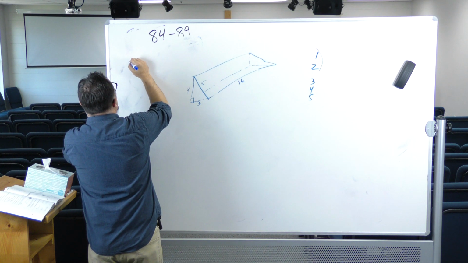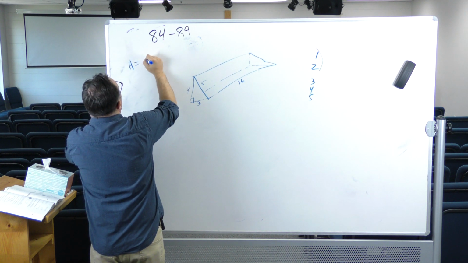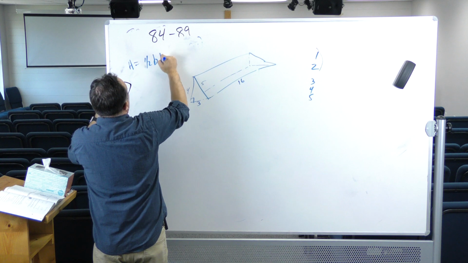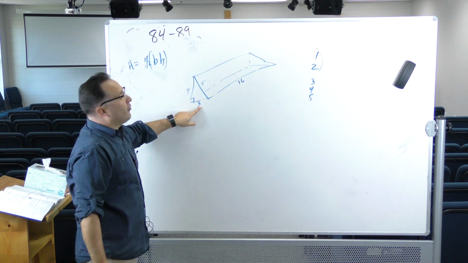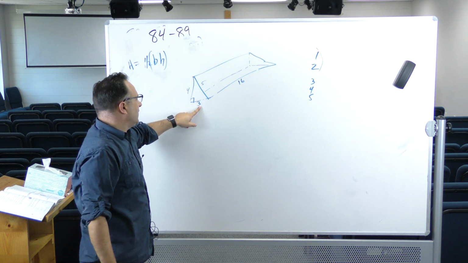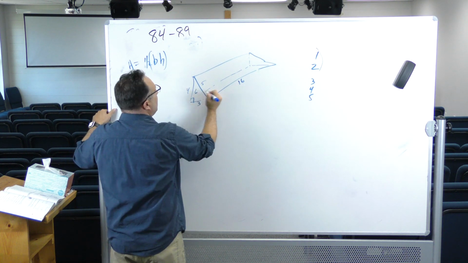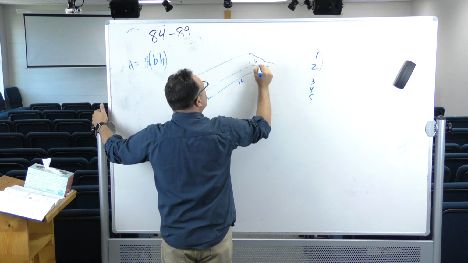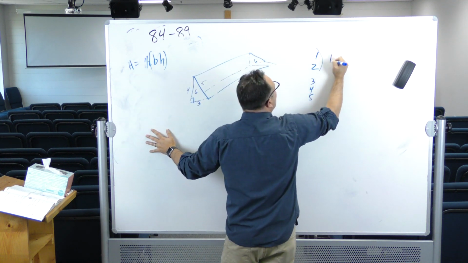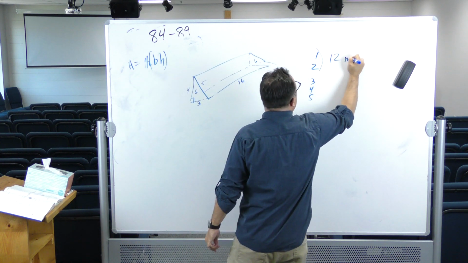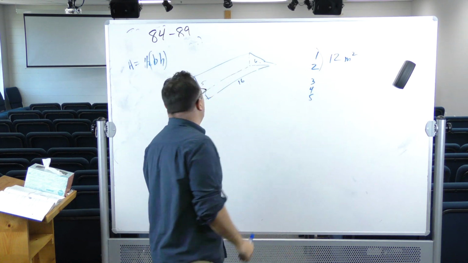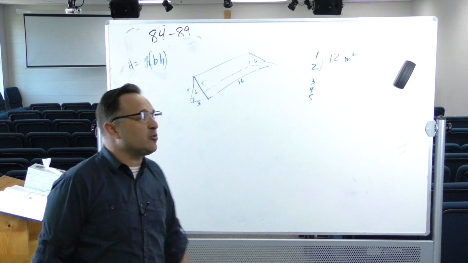So area of a triangle equals half the base times the height, okay? So 3 times 4 is 12. Half of 12 is 6. So this is 6 here. If this is 6, then we know this is 6, and 6 plus 6 is 12. So the two end caps is 12, and they're meters, and they're squared because area is always in square units. So it's 12 square meters.